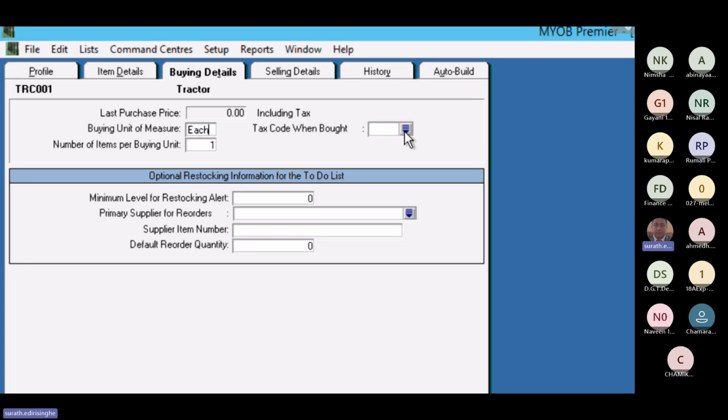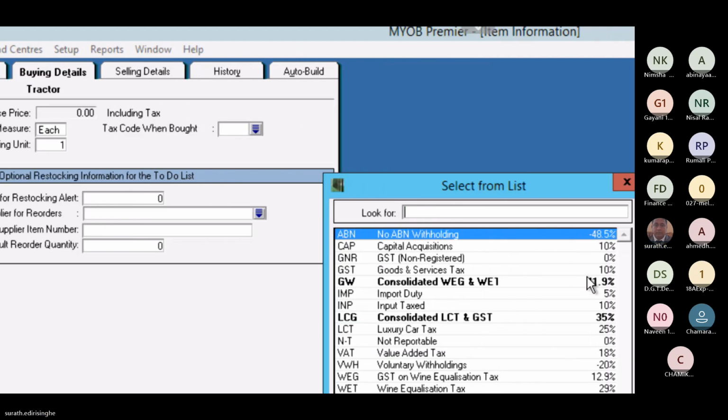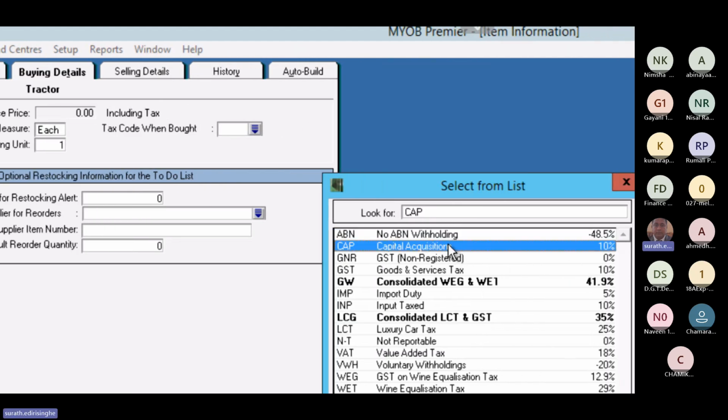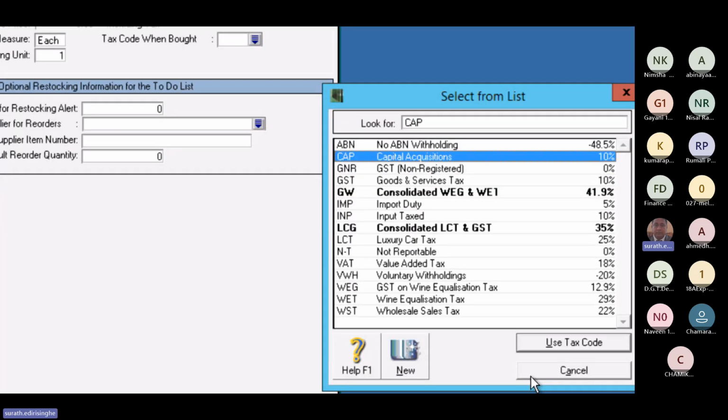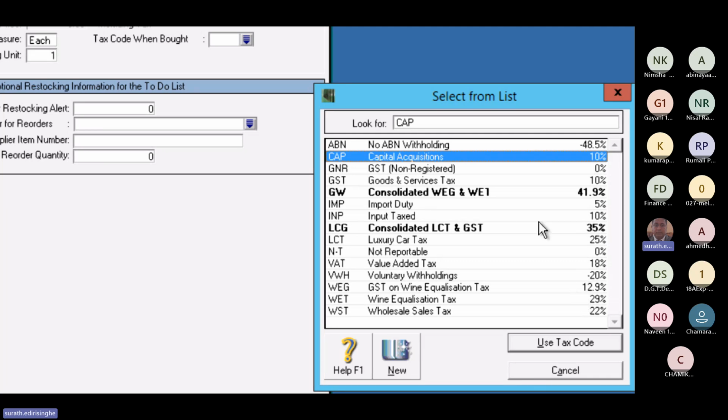Then here select capital acquisition rate, not the VAT. Actually, if you are paying VAT, then decide on the VAT rate of 18%. Otherwise, capital acquisition rate is given for this transaction.